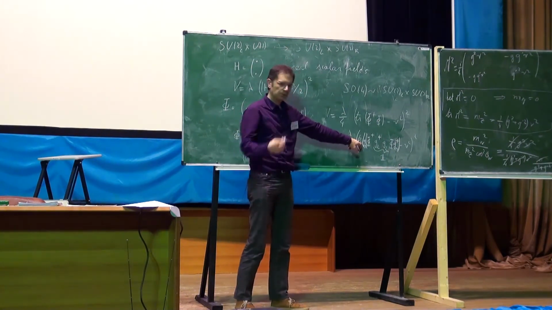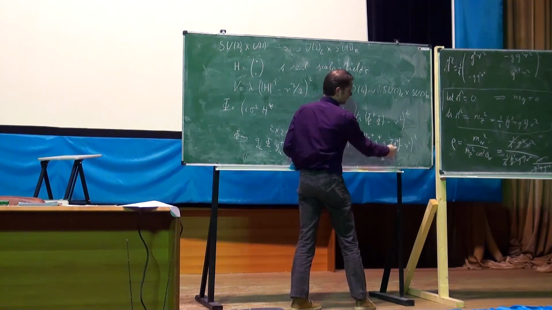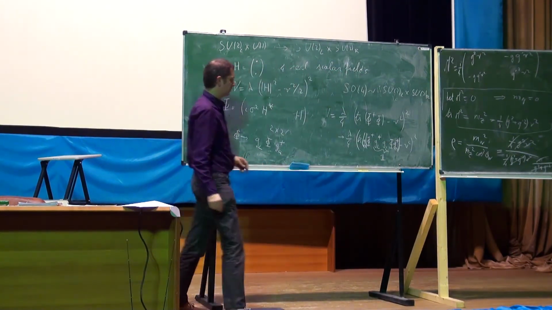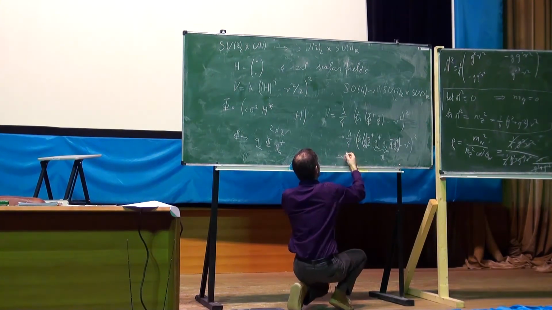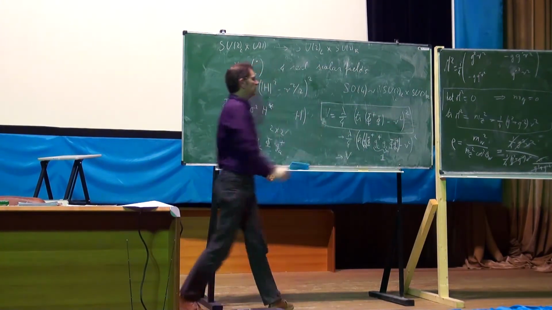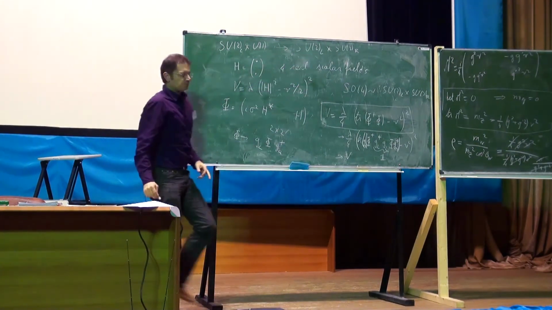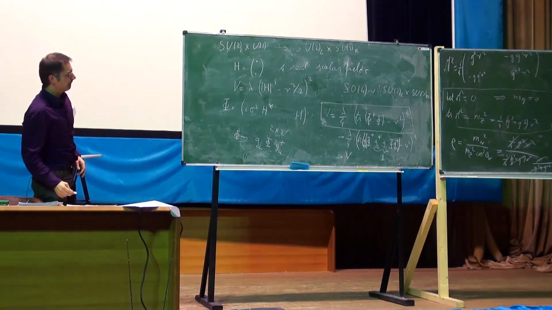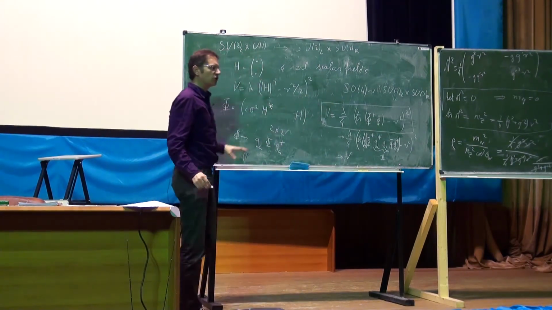But clearly, because of the cyclicity of the trace, g right and g right dagger will also be equal to the identity. So this will be invariant under the SU2 left cross SU2 right symmetry. So this potential, the Higgs potential, is invariant under SU2 left cross SU2 right. That's the invariance of the Lagrangian, the invariance of the potential.